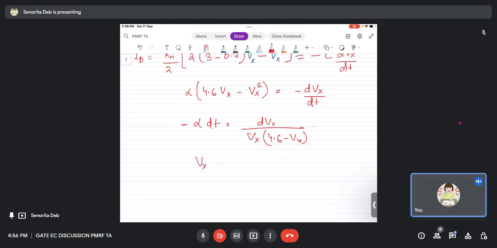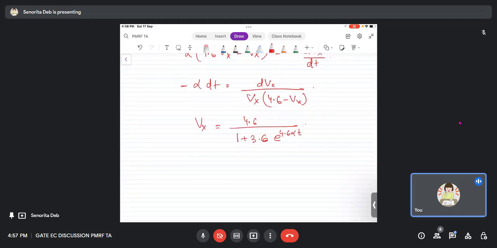So Vx you can find, it will come something like this. It doesn't matter what exact values it is coming. What matters is what kind of profile it will carry. So it is some negative exponential, something of the form e to the power minus x, because it is like 1 by 1 plus e to the power x, suppose. So I'm just writing it.